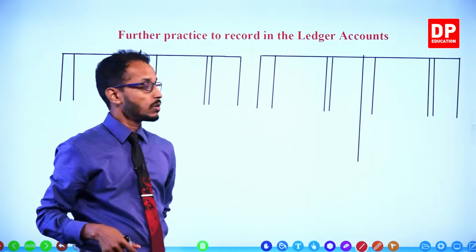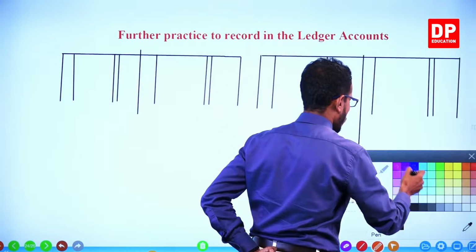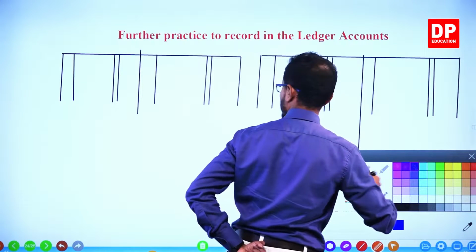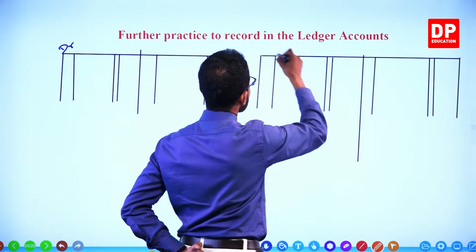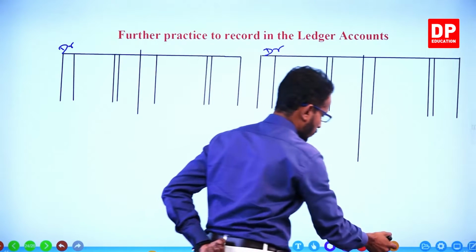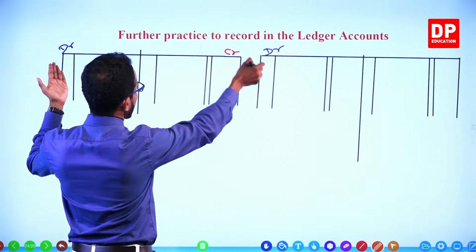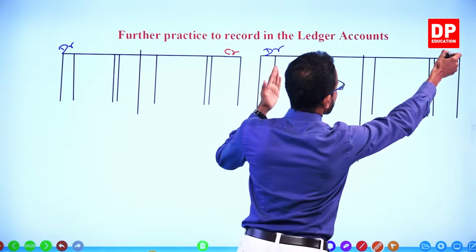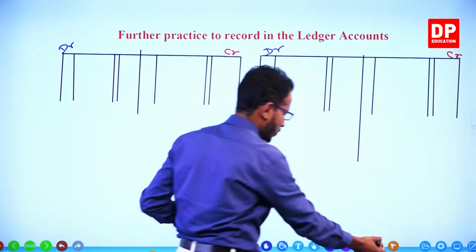Right, we have two accounts. You want to put the headings? Tell me the headings. First of all, we'll put debit and credit. Debit on the left, credit on the right. Name the columns, children.